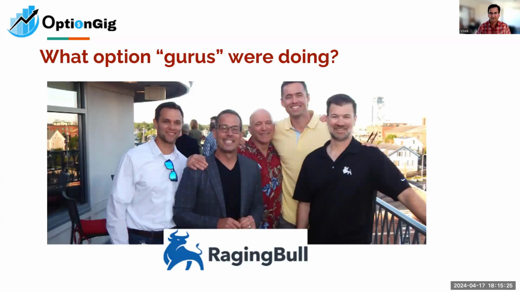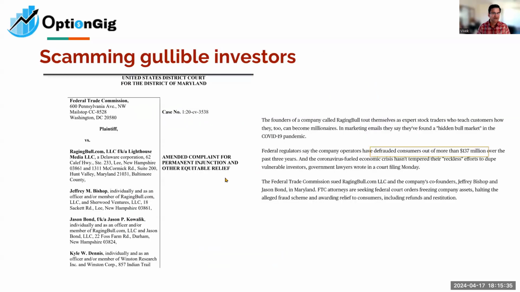So, these names, in 2020, 2021, you couldn't have watched any YouTube video without an ad from Raging Bull. All they were doing was scamming people. Finally, they got sued by the FTC for 437 million, because they defrauded all the consumers.